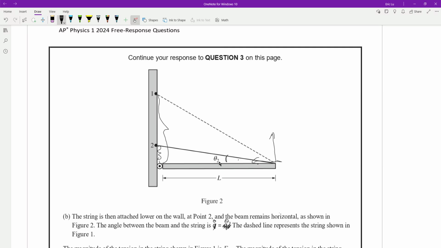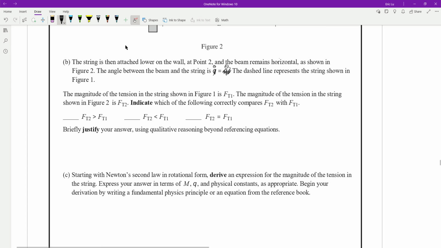So since the beam must maintain a constant vertical torque, the overall tension in string number 2 must be greater to make this vertical component of the tension be greater as well. So I would write that down.